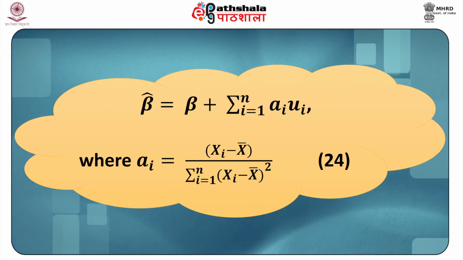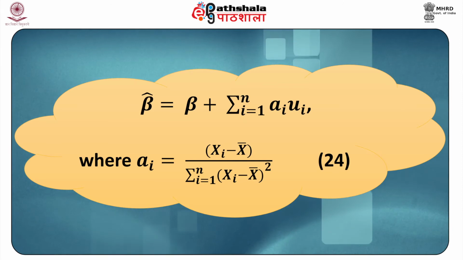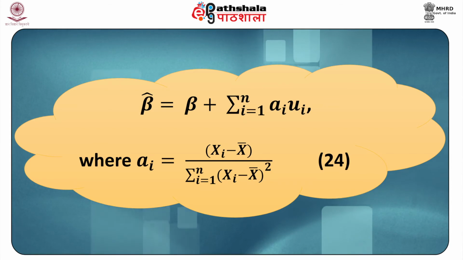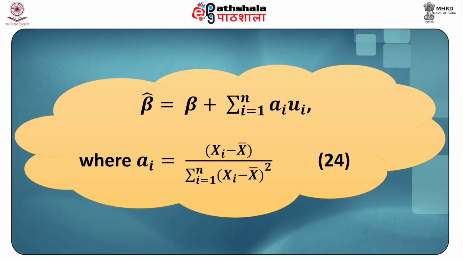Now, this is the case with only one explanatory variable. The second term in equation 24 becomes complicated with the multiple linear model, that is, with more than one explanatory variable. However, matrix algebra helps us to solve and prove the properties of the estimated parameter.